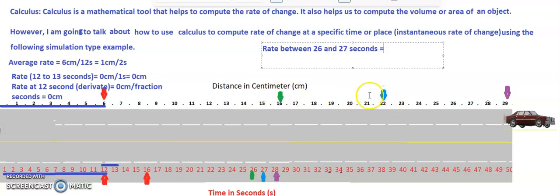So first, let's compute the distance between 22 and 16. 22 minus 16, it's important to put parentheses, divided by 27 minus 26.